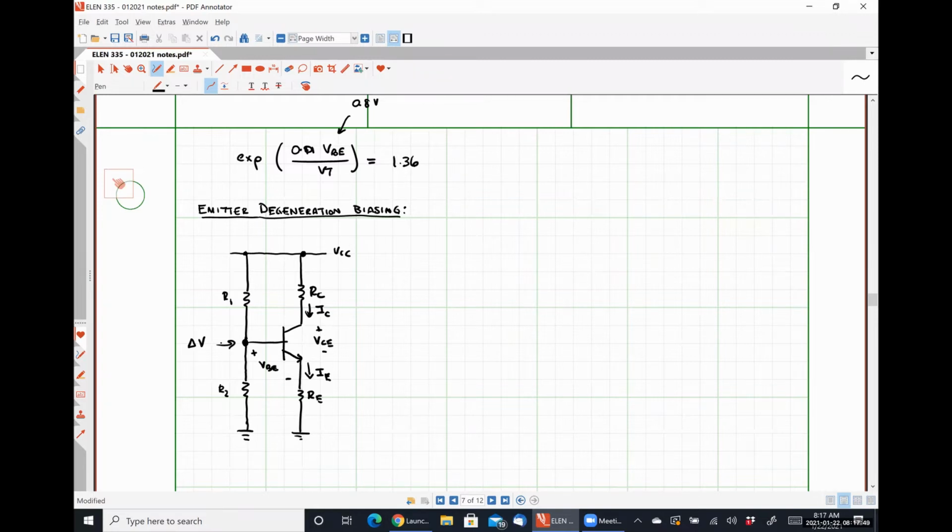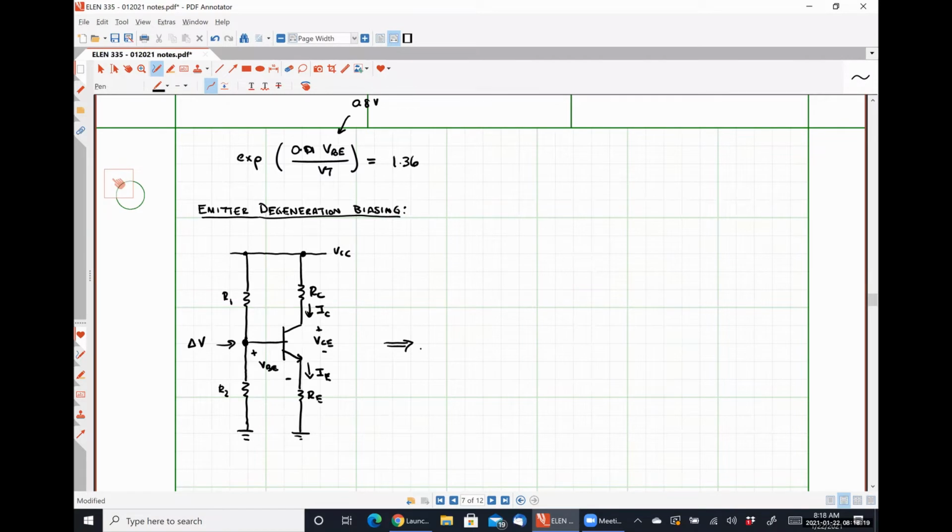And so if we increase the resistor RE, it causes a decrease in the change that occurs across the forward bias voltage for that junction, which in turn causes a decrease in the collector current error that we see, or the change in collector current. So to analyze how this thing behaves, it's probably going to be easier, at least for the time being, to use the large signal model.